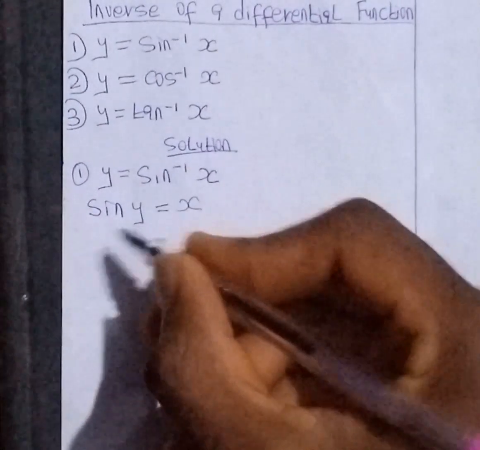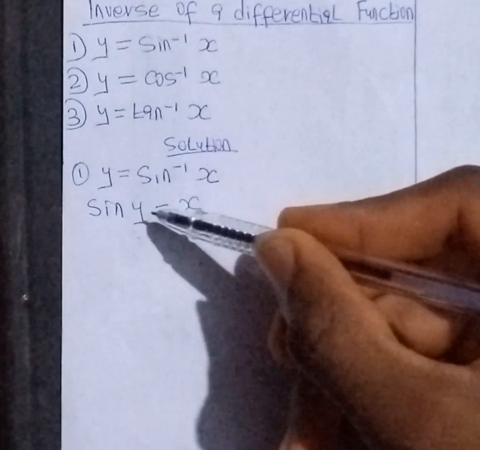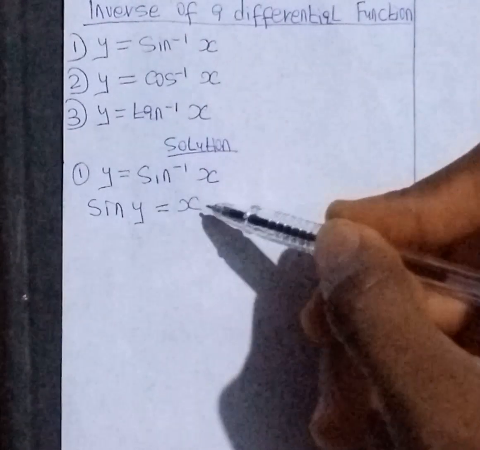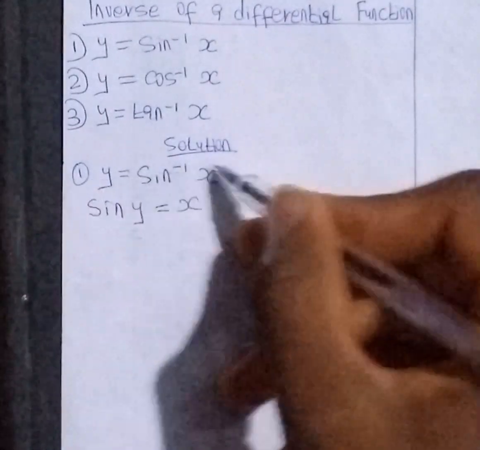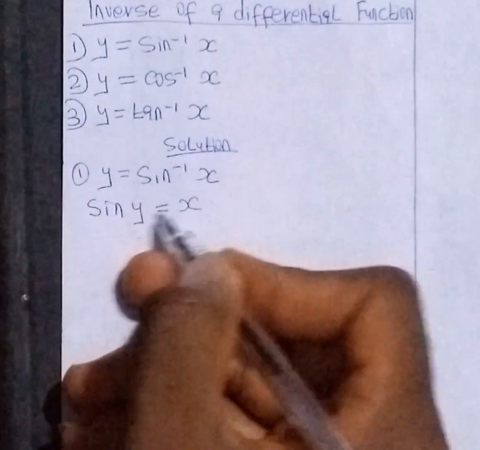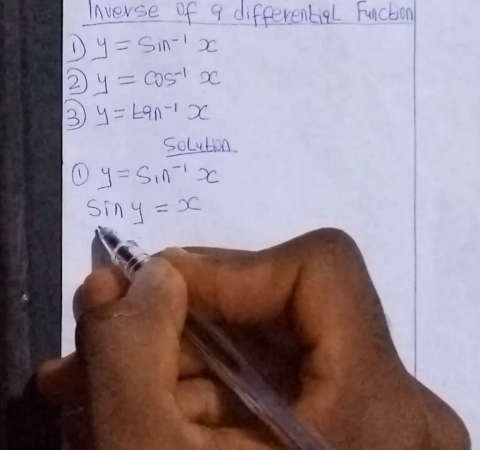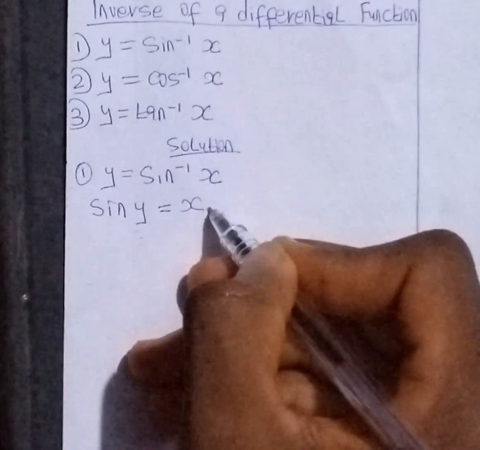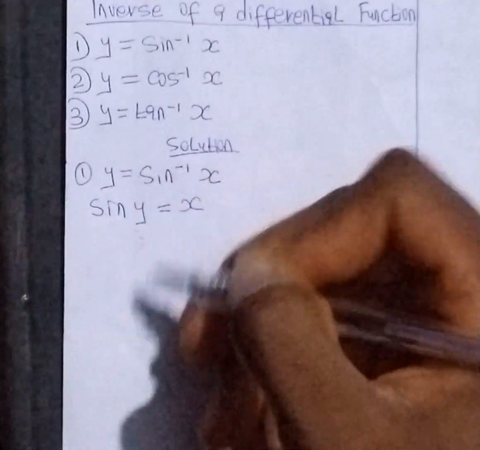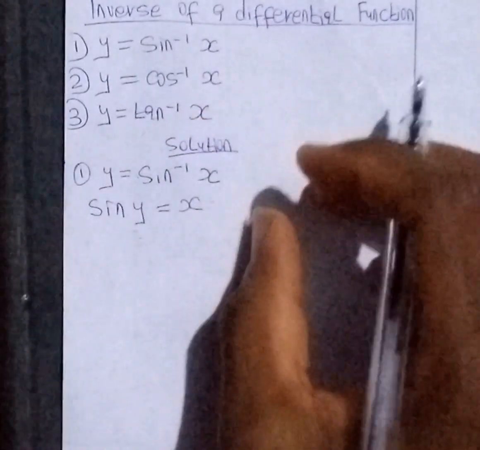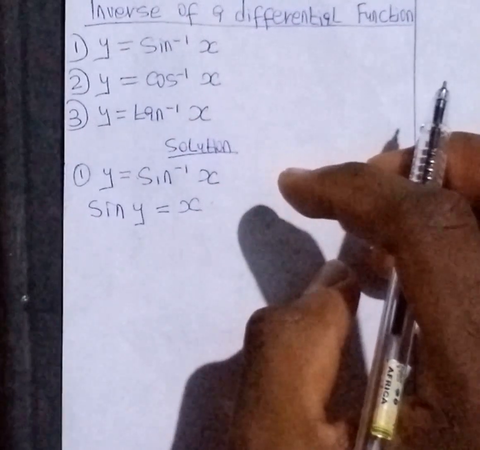That's assuming we are asked to find this angle, and this is the given, so we take the inverse of sine. We decided to rearrange it, and rearranging it, we get sine y equals x. Then this is the original question. So with this we are good to go.